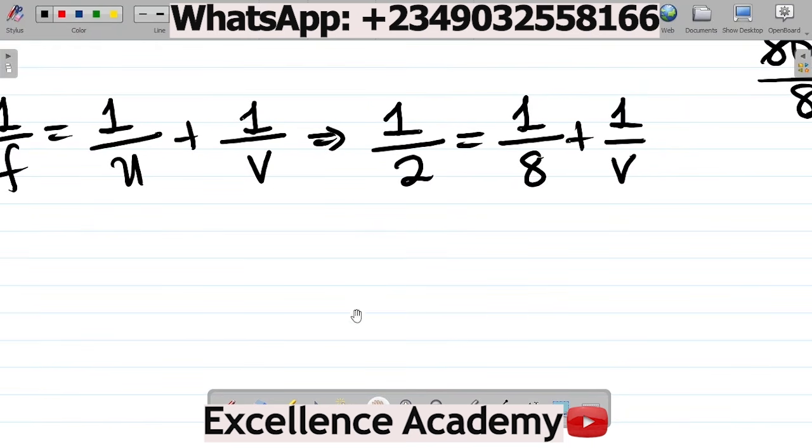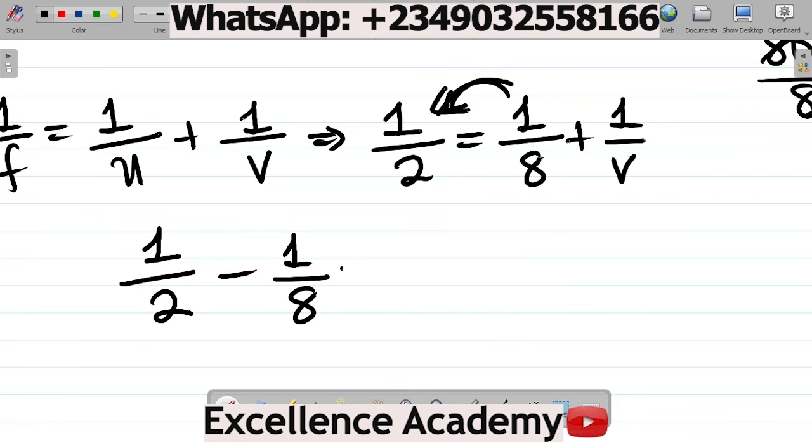To solve this, move this one over here. I have 1 over 2, this moves over here and becomes negative, so minus 1 over 8 is equal to 1 over v.